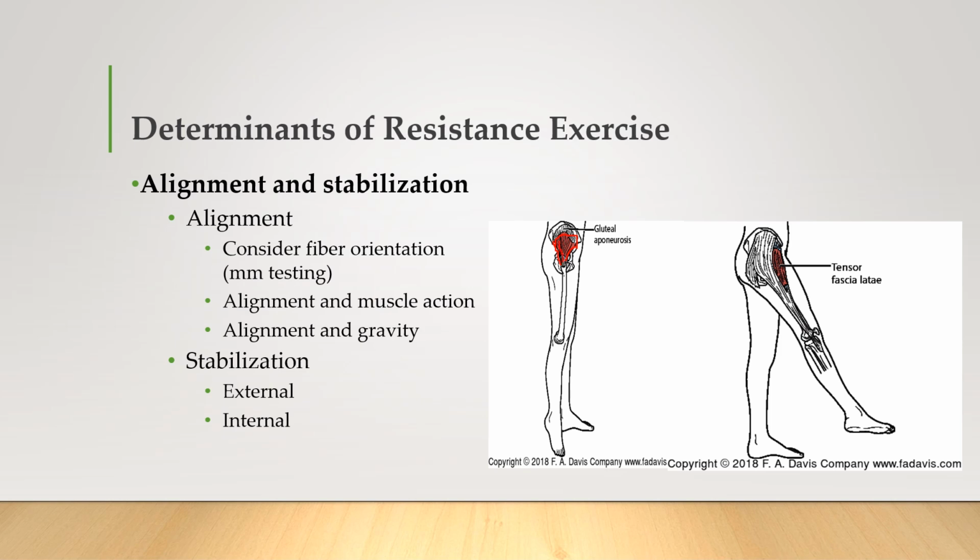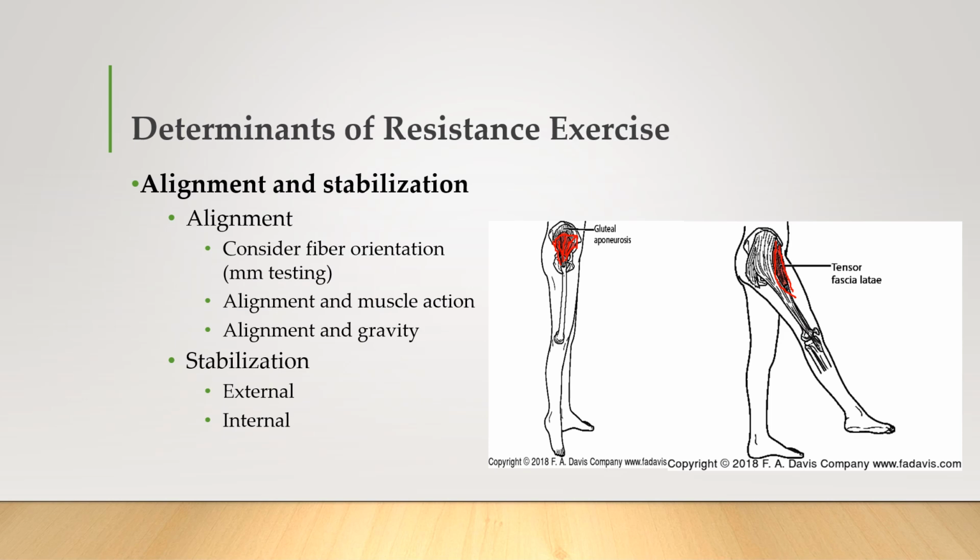We need to know the muscle orientation and the fiber orientation in order to put them in the best position to strengthen that muscle. Because if we flex the hip a little bit, right, we know that the TFL is going to take over for that movement in abduction now, because it performs hip flexion and abduction. Where glute med, it does a lot of different things, but its primary focus is really hip abduction, and especially on a stable, sound leg.